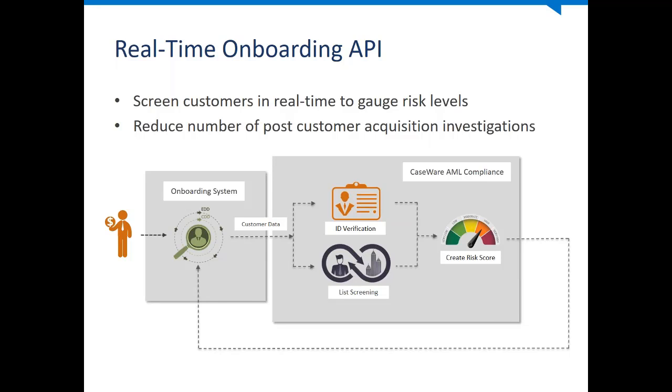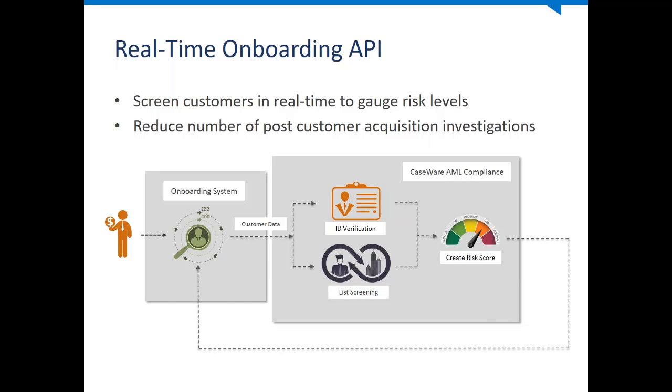If you're typing in your CRM system or your onboarding system, whatever it is, as you're typing it in, we're taking that information and, in real time, coming back to you and saying, hold on, this person is on a sanctions list, or hold on, the ID that you're providing for this user is not valid, or anything like that.